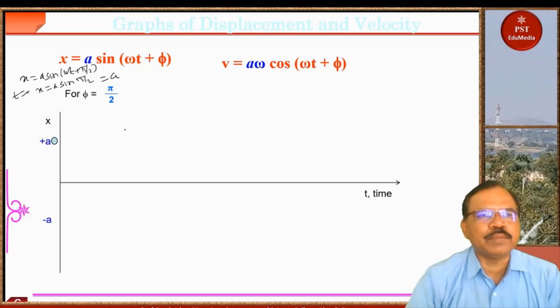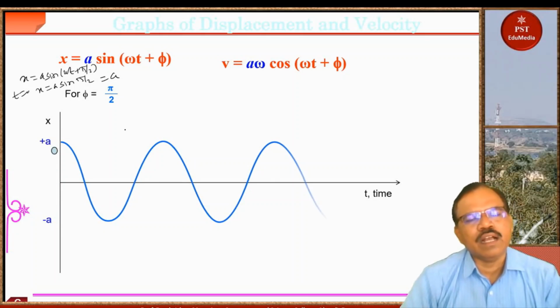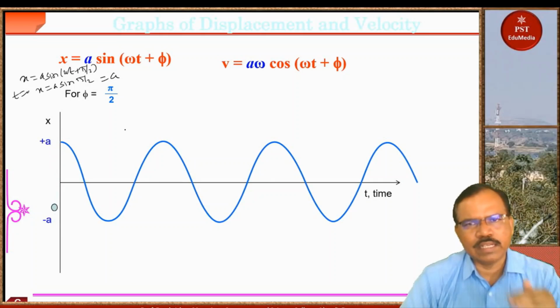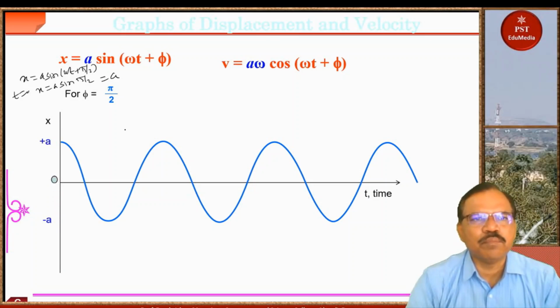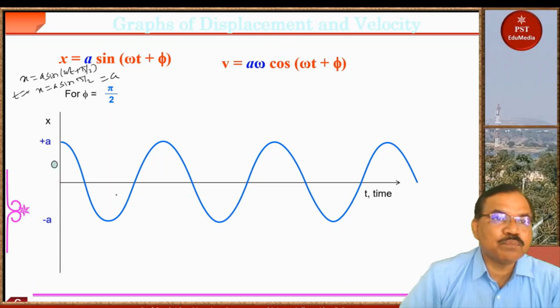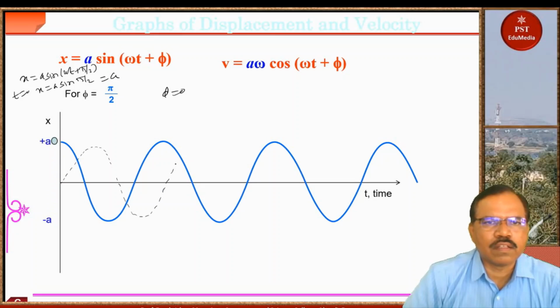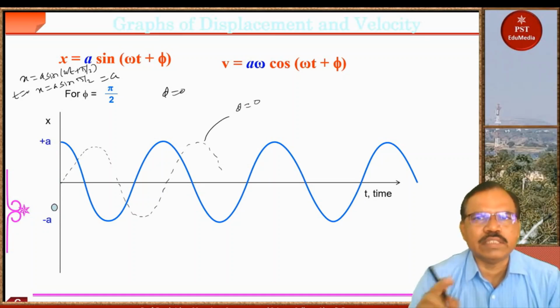So what is the graph? You will get a graph like this. The particle is oscillating between plus a and minus a. This is the displacement-time graph for simple harmonic motion when phi is pi by 2. When phi is 0, it will start from the equilibrium position and you will get a graph like this.